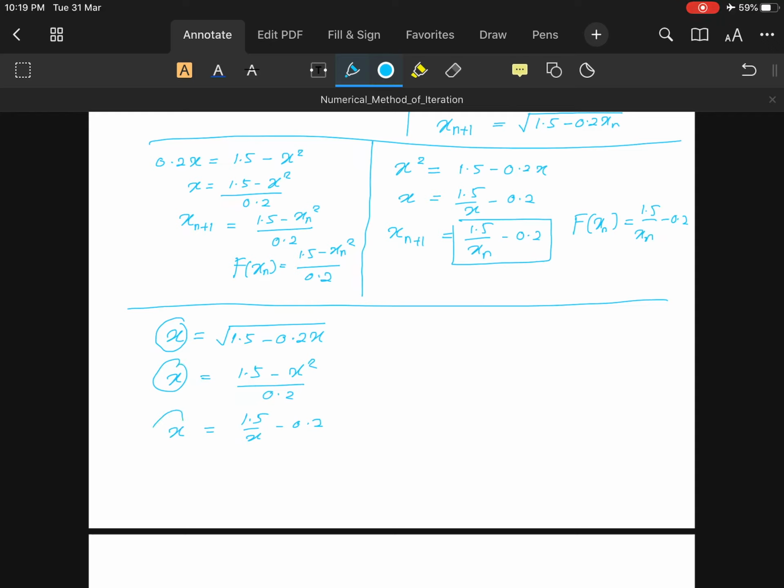You can see that we have the same x on the left, so I'm going to say that each of these will be written as g(x) equals x, the left hand side.